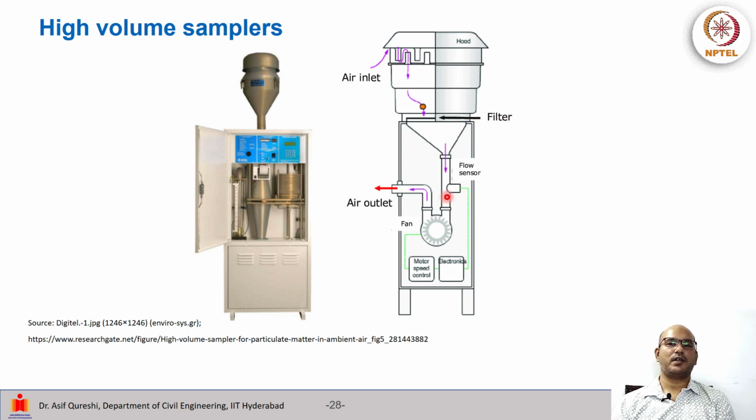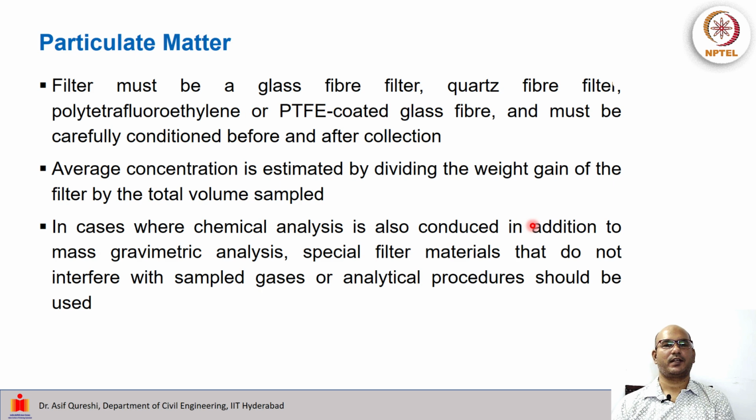The items below are basically flow sensors to maintain the volumetric flow, and then the air outlet. The filters can be anything, they need not be a specific one. The filter may be glass fiber filters, quartz fiber filters, polytetrafluoroethylene or PTFE filters, or PTFE-coated glass fibers.